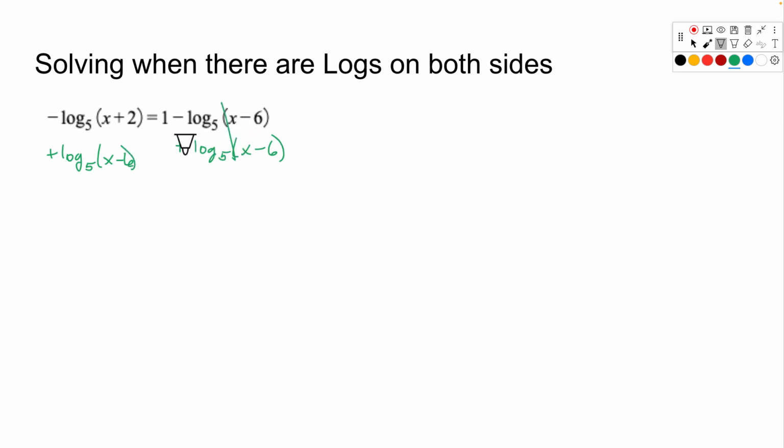So over here it cancels, and what we're left with, I'm going to write this as log base 5 of x minus 6. So that's the 1 because it's positive, and then I'm going to subtract log base 5 of x plus 2. It's all equal to 1.